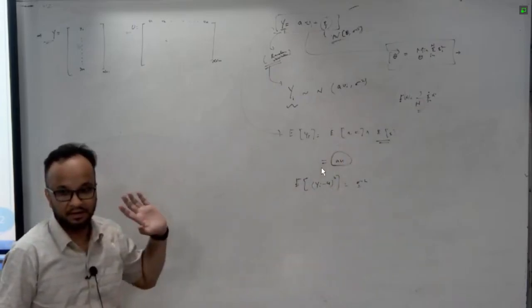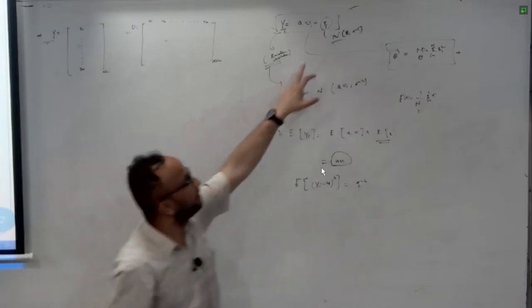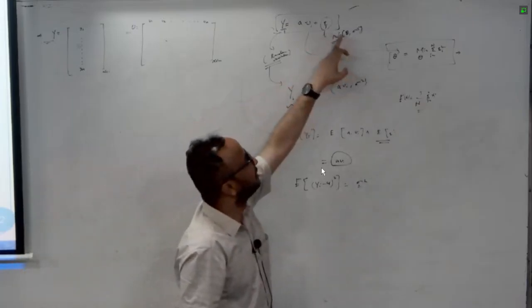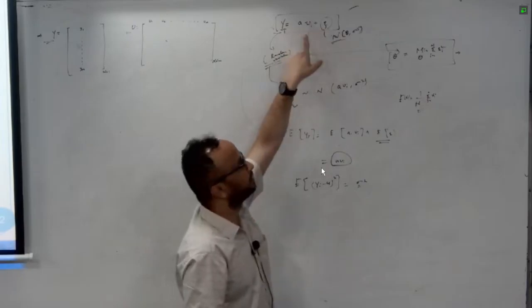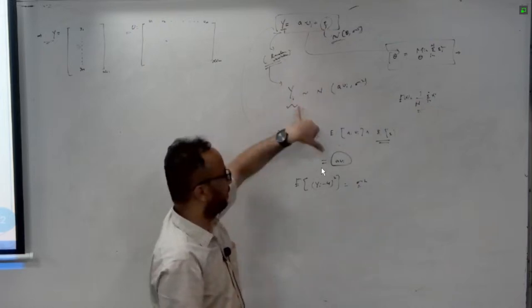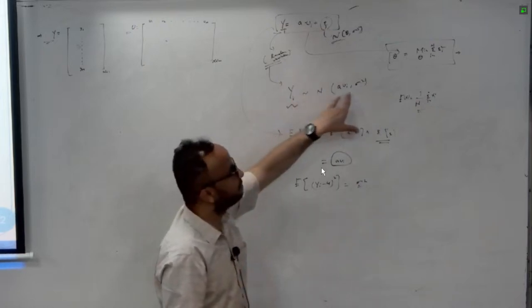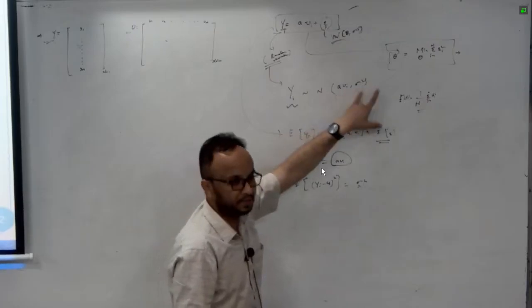You agree? It is because epsilon follows a Gaussian distribution. The other term is added to it, and there is no randomness there; it's a deterministic value. So the output is also Gaussian, with the mean and variance sigma square as given.